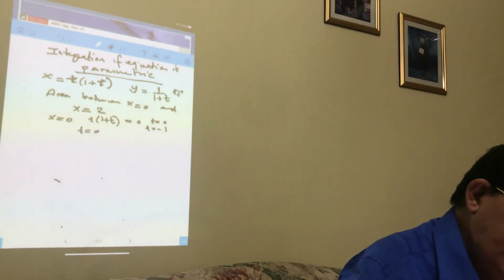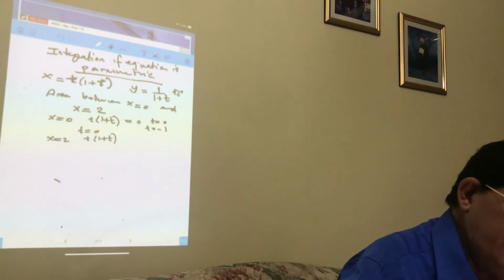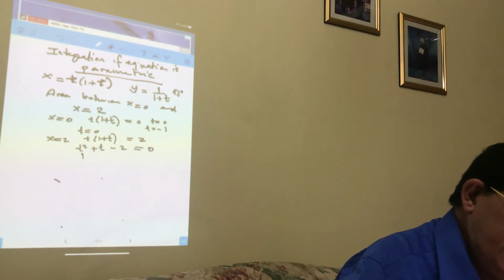Then when x equals 2, we have t times 1 plus t equals 2, that means t squared plus t minus 2 equals 0, which means t plus 2 times t minus 1 equals 0.